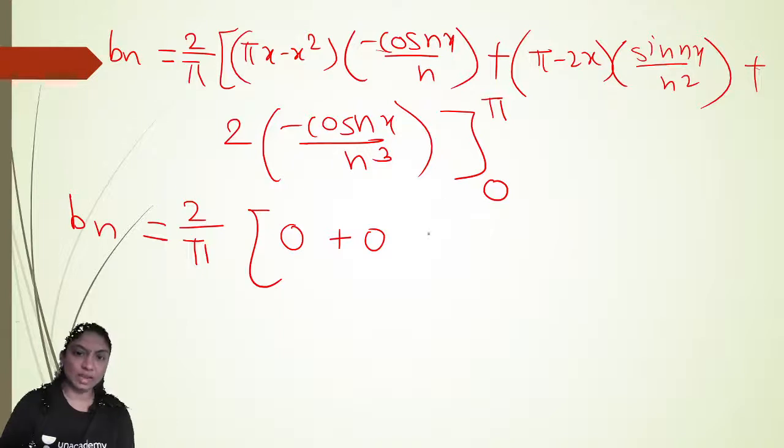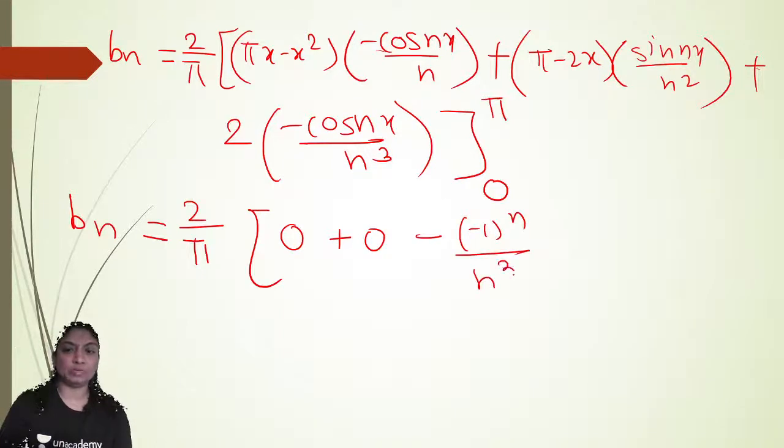So this is minus 1 raised to n upon n cube. Now put x equal to 0. So this will become 0. This is pi minus sin 0, which is 0, and cos 0 is again 1.